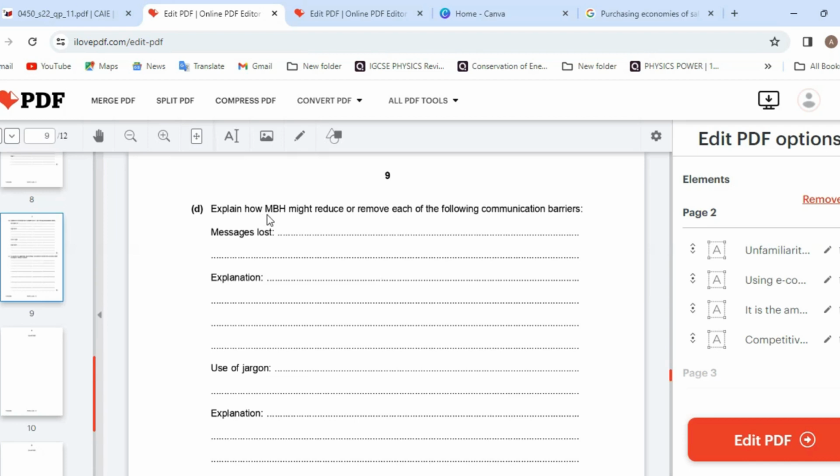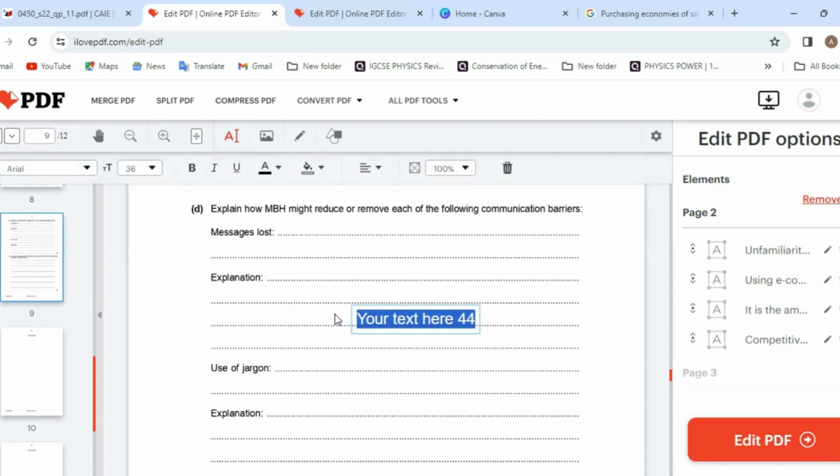How can MBH reduce the communication barriers? Of course, when messages are lost, the first thing MBH will do is to ask for feedback.